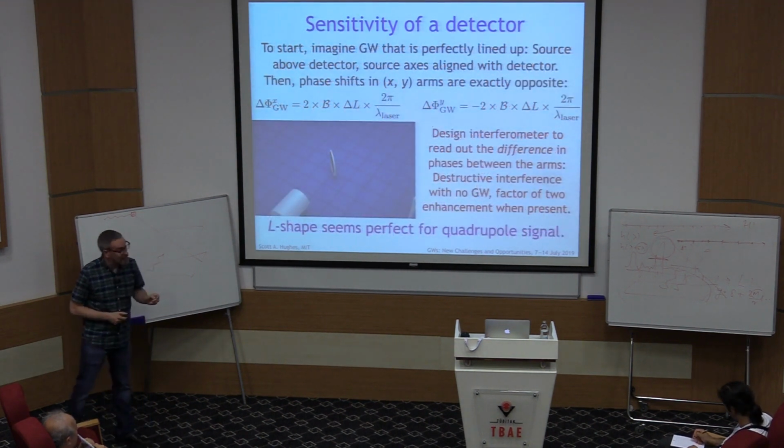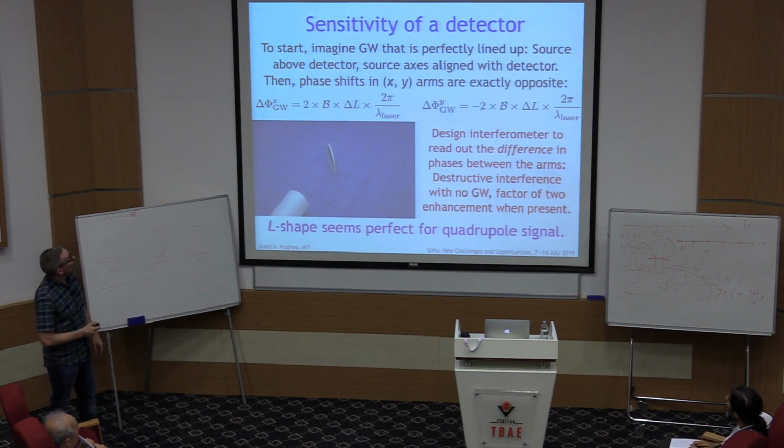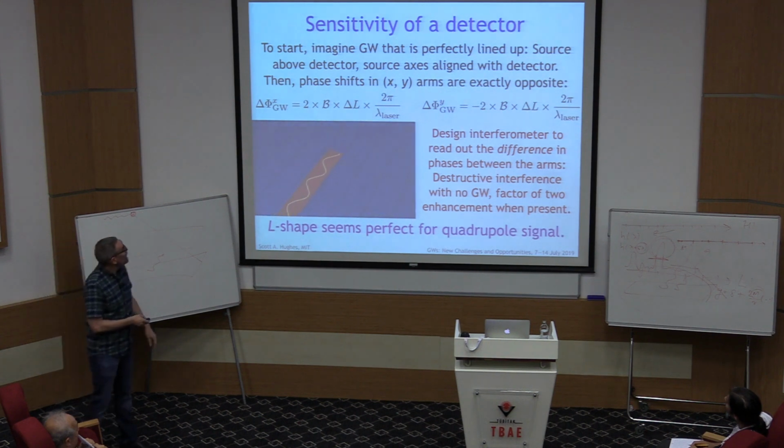Those of you who were at my lecture last night saw a piece of this already. Imagine a gravitational wave that is perfectly lined up. Then the phase shifts associated with the change in length of my 2 end mirrors are exactly opposite from one another.